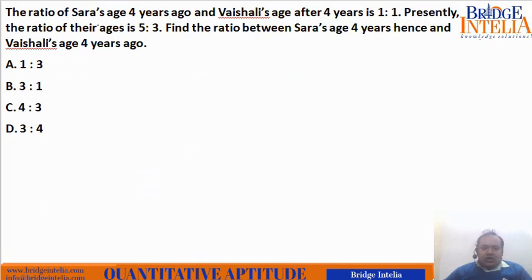The ratio of Sarah's age 4 years ago and Vaishali's age after 4 years. So let's suppose this is the current scenario. Current. So this is 4 years ago. This is 4 years later. So what is being said?